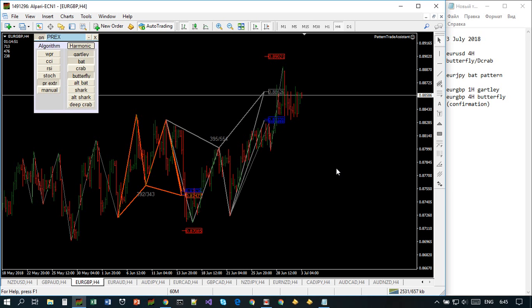Some pairs require larger buffer, some pairs require smaller buffer, because some pairs are having large spikes, have more noise. Other pairs are a bit more calm and they move slower, and well, it all depends, and you should do the back test before you trade this.